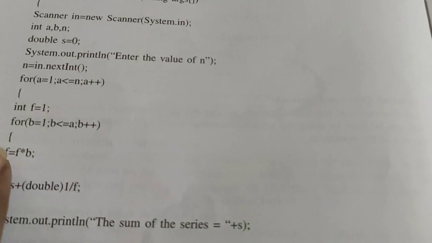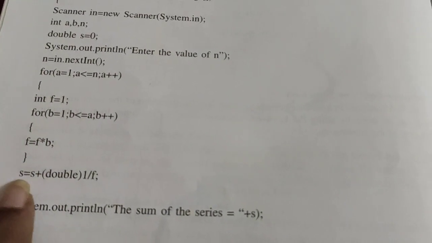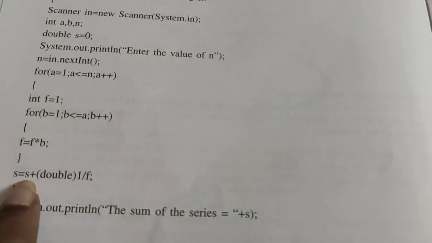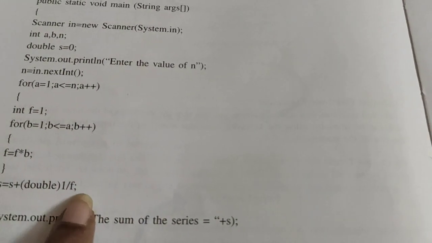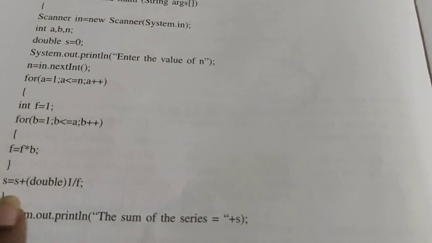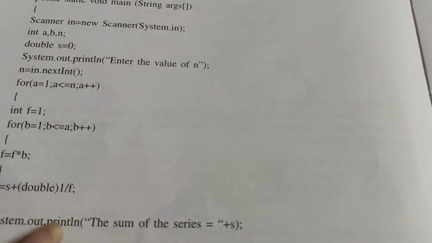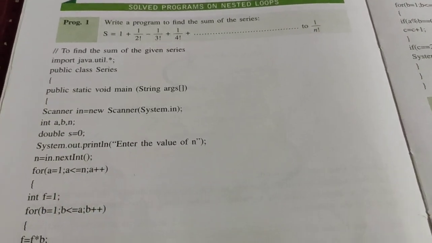So 2 into 3 you will be getting 6, and once this is over it will come out, and s is equal to s plus, again the previous sum will be here in the s, plus 1 by now 3 factorial, which is 6. The value of 6 you will get and it will be added with this sum here. So like this it will keep on executing till the n series.